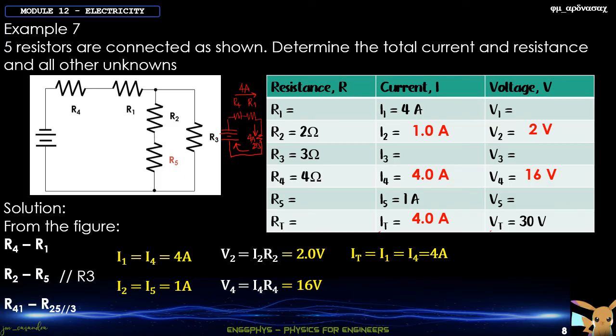So with that, our R total now is simply equal to V total divided by I total. So our R total now is equal to 30 divided by 4, which is now equal to 7.5.